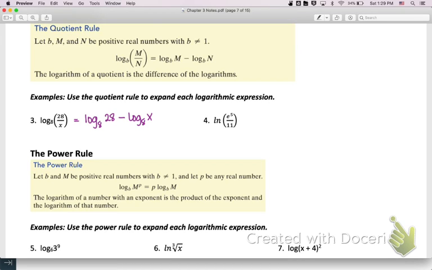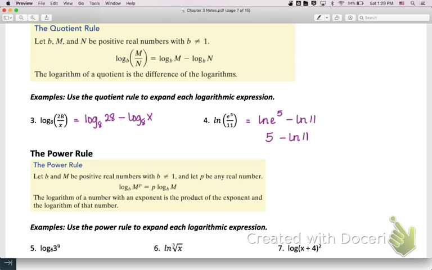All right, number 4 is going to be the natural log of e to the 5th minus the natural log of 11. Now, is there anything more that we can simplify here? The answer is yes, because the natural log is the log base e. So this essentially says the log base e of e to the 5th, which remember, they undo each other and just leave us with 5. So that's the most simplified answer.